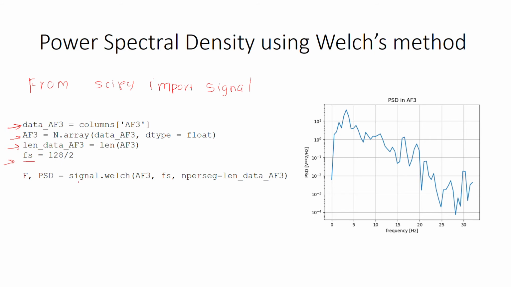Okay, so it's very helpful using Python to extract the power spectrum and the frequency vectors. By using signal.welch, you need to pass the arguments: the electrode array, the sample frequency, and the window size.